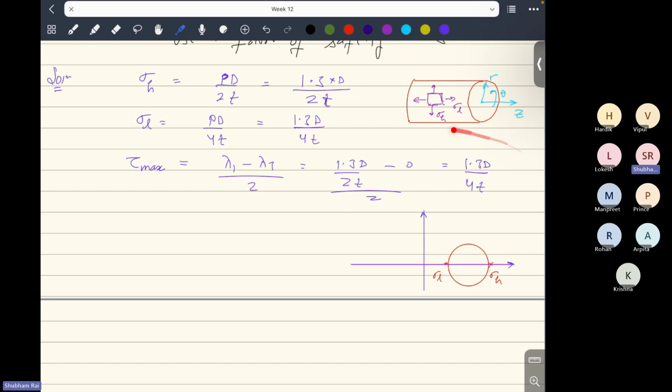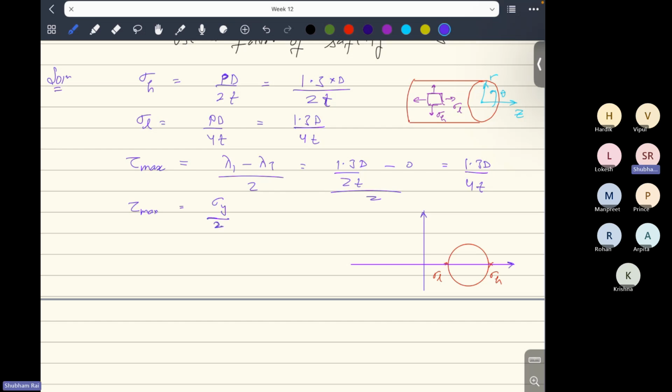Now if we consider yield stress, you also know that tau max will be yield stress divided by 2. This you already know from the uniaxial tensile test.